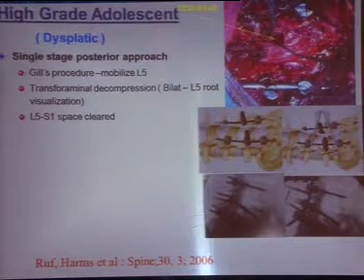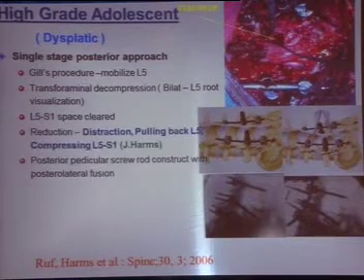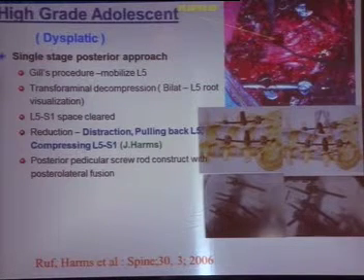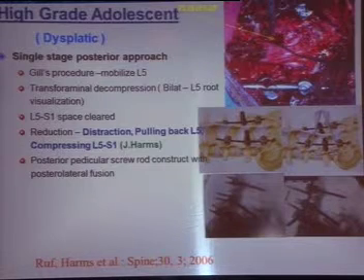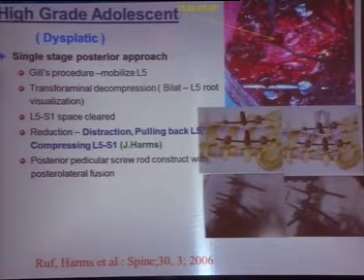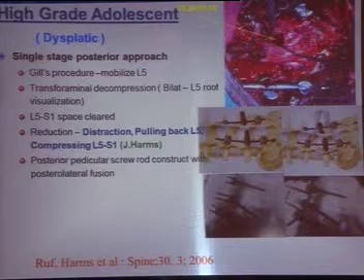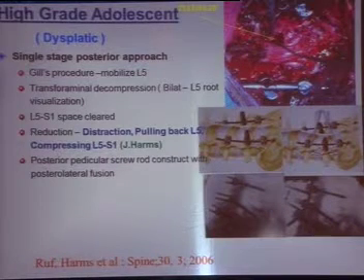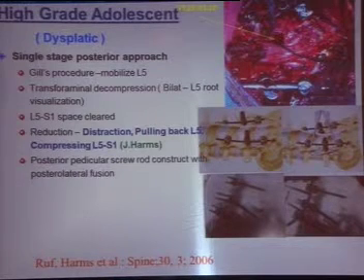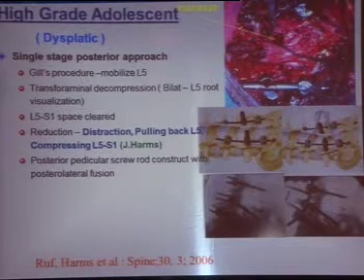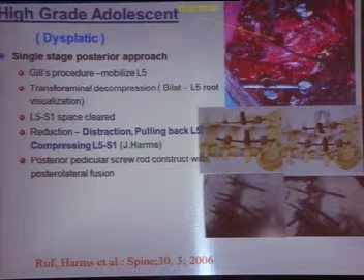Basically, two maneuvers are done. You distract by pulling on L4 and S1, so a distraction force is applied. Some people even go up to L1 to get a distraction with an outrigger, a Harrington outrigger, as was shown by Viral. You use a Harrington outrigger to distract, and the next maneuver is to bring your L5 up towards the S1.